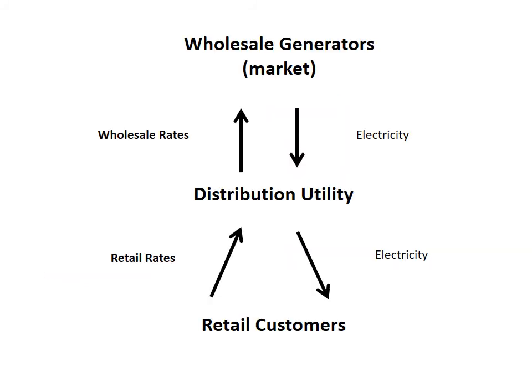So here's a schematic of how that works. You and I and everybody we know are at the bottom here. We're the retail customers, and we pay retail rates to a distribution company, and they deliver us electricity. Now, in North Carolina, the generators are also owned by the same retail distribution company, so that's what we call a vertically integrated company.